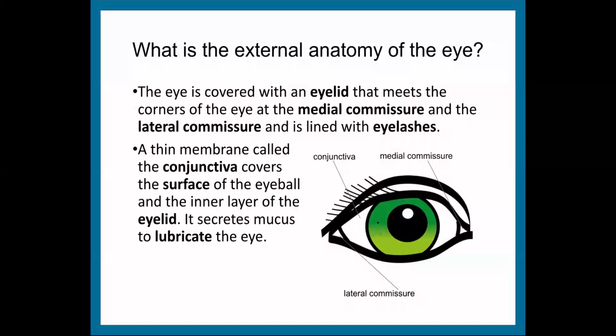Now, there's a thin membrane that's called the conjunctiva. It covers the surface of your eyeball, and also it includes the inner layer of the eyelid.